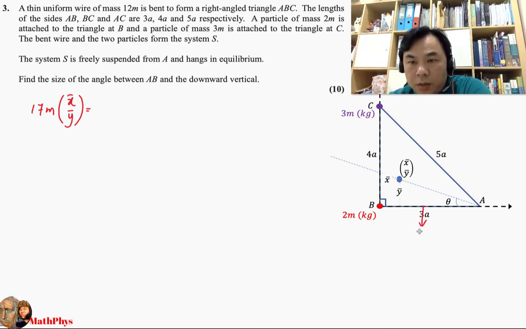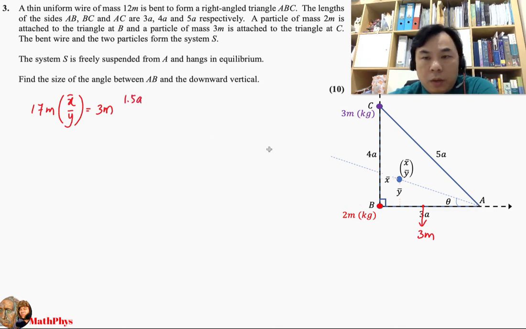AB has a mass of 3m, so that will be 3m, and as usual, the center of mass for the wire AB is 1.5a away from B, and then 0. Next, I'm going to move on to this one here. This is 4m.